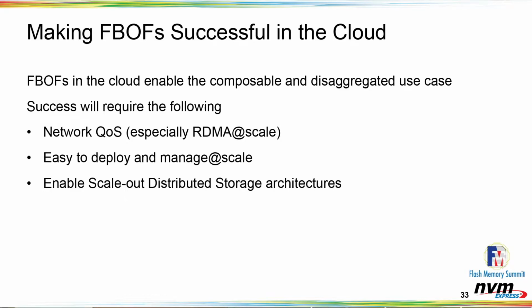The first one is really network quality of service. And Nishant talked a lot about RDMA, congestion problems with RoCE v2, and TCP coming down the pipeline. All of that's good stuff, right? But while the network is the FBOF's best friend, because it allows accessibility to storage from anywhere, it's also its worst enemy.